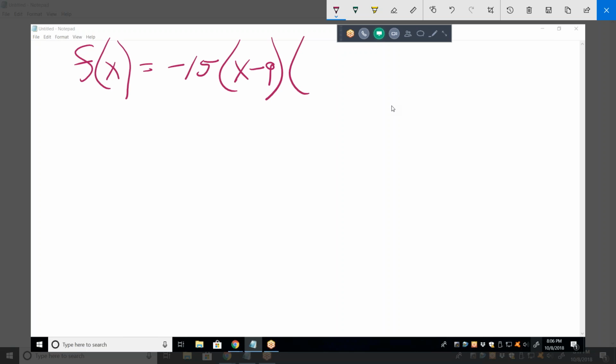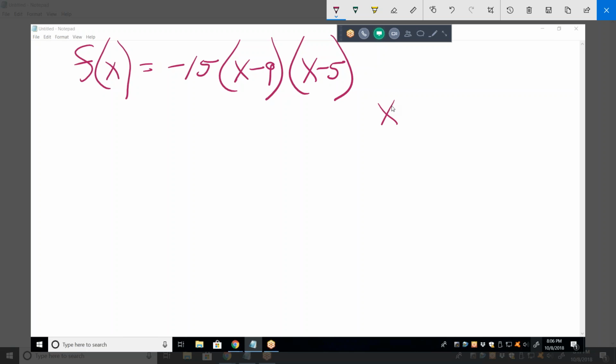Okay. So the next equation is. I can almost tell the format they're going to give it to you by whether you started out with y or f of x. So it's f of x is equal to negative 15 times (x minus 9) times (x minus 5). This is the third format.